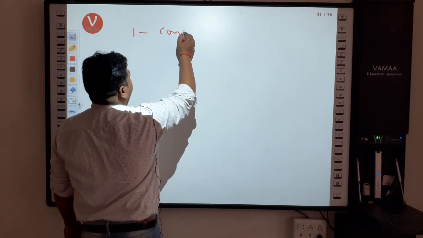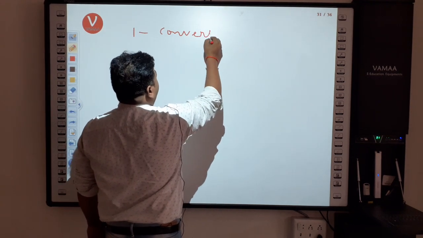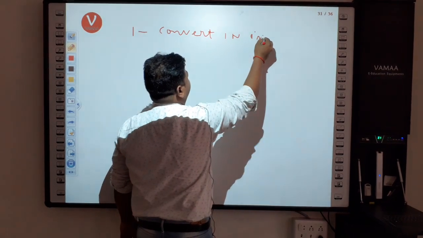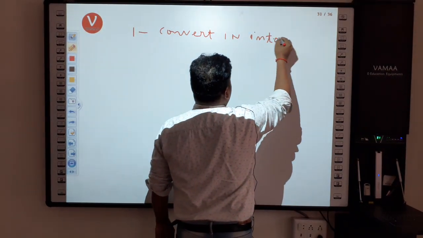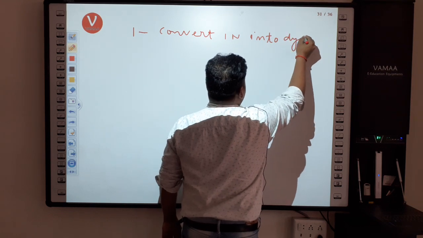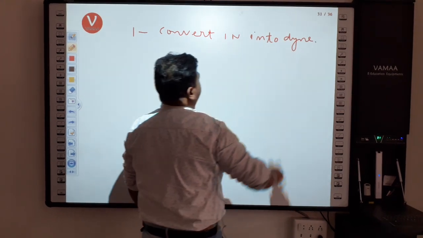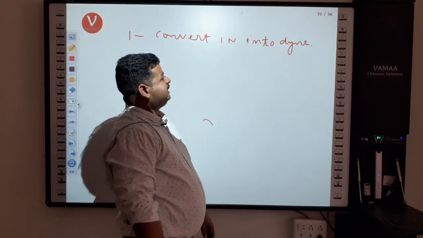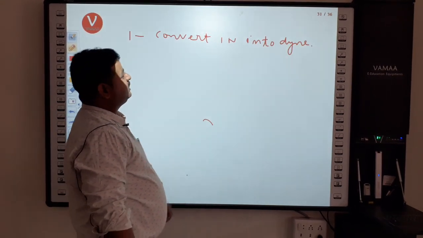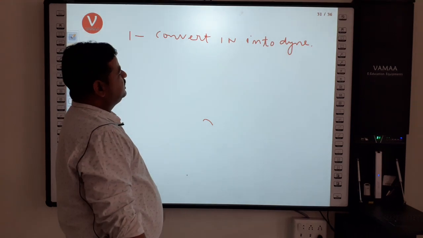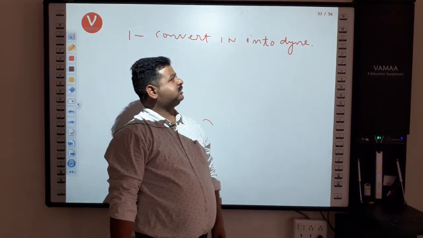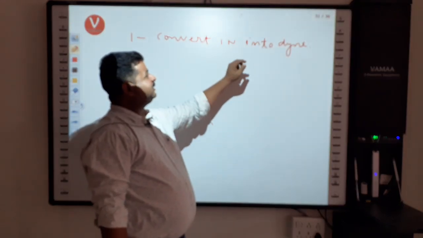Convert 1 Newton into dyne. Here Newton is the unit of force and dyne is also a unit of force. Newton is in the MKS system and dyne is in the CGS system, so there is a basic difference.